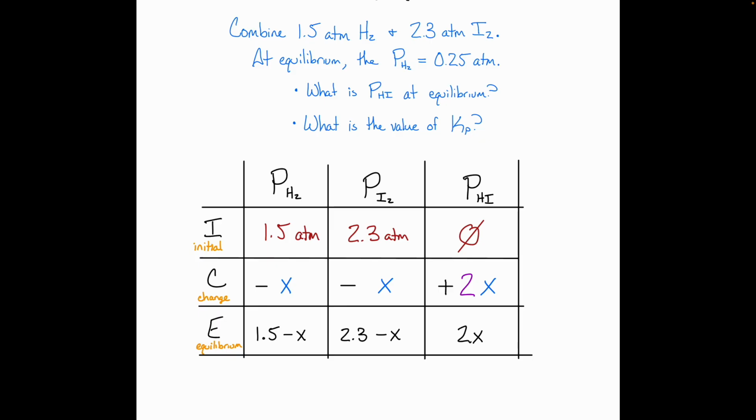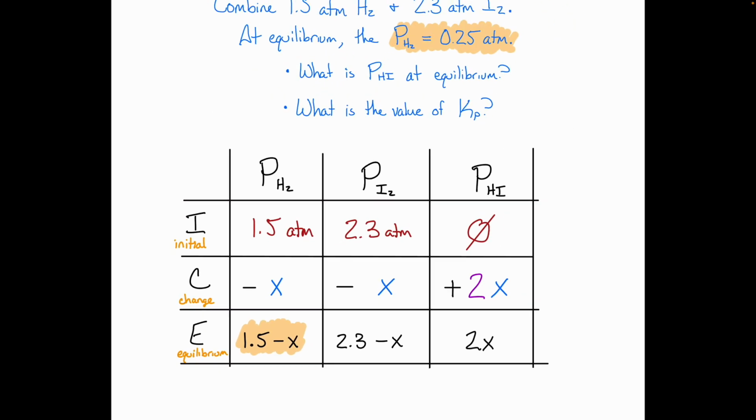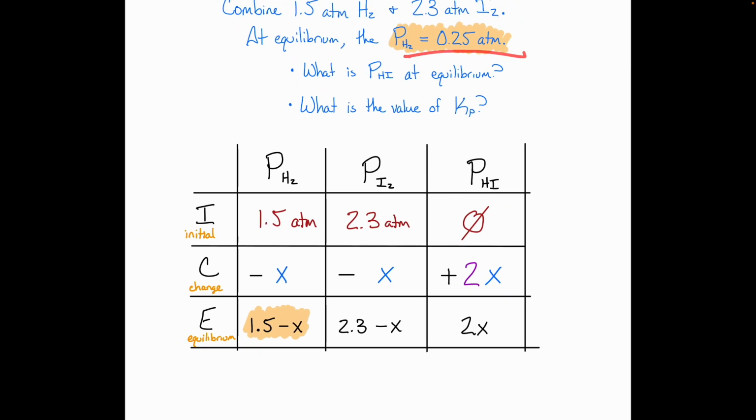In this case here, if I continue reading, it tells me that at equilibrium, the pressure of that hydrogen gas is 0.25 atm. All right, which box on my ICE table corresponds to the pressure of hydrogen gas at equilibrium? My equilibrium box for hydrogen gas. So my expression here is that 1.5 minus x. All right, and I know that this has to equal 0.25 atm. So can we figure out what our change box is, what our value of x is?